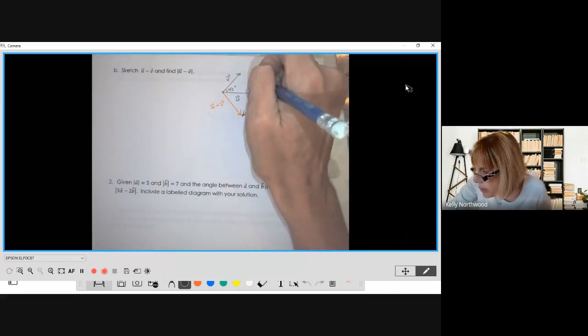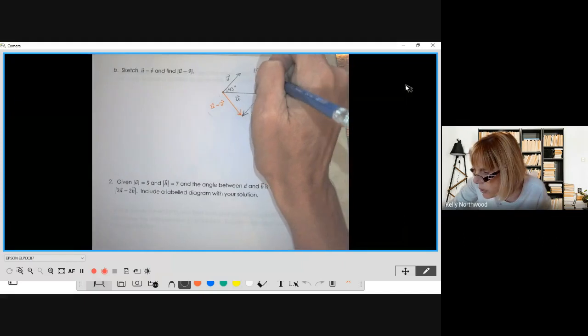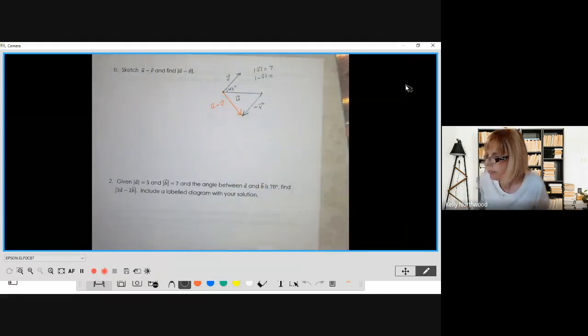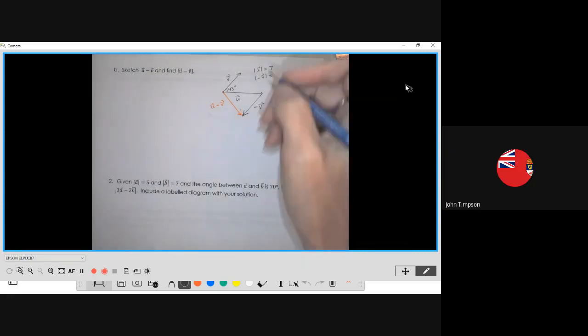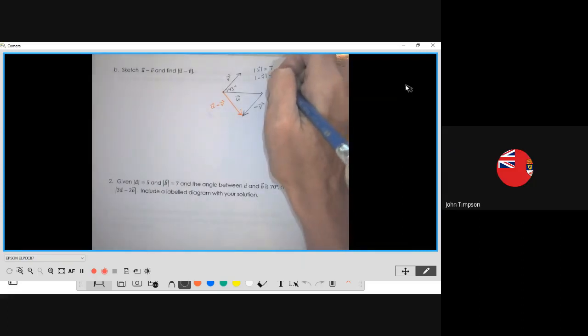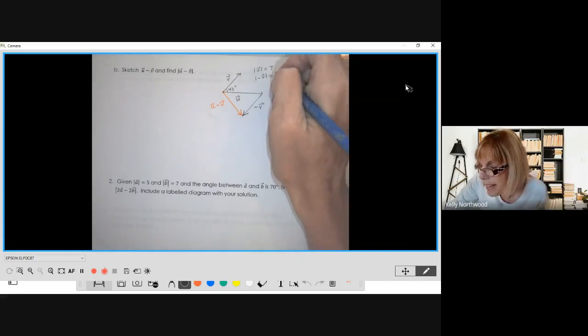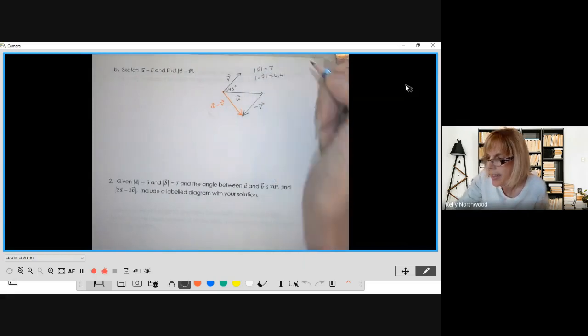Who thinks they know the magnitude of negative vector v? Anyone? Is it negative 7 or negative 4.4 or negative? Yeah. Okay, I'm glad you said that because that's the common mistake. So the magnitude of a vector is its length.